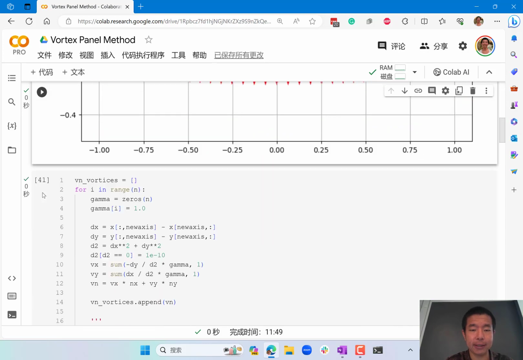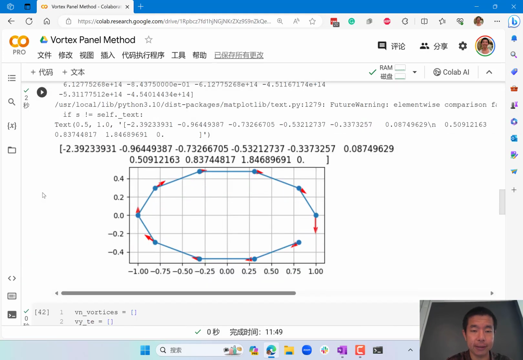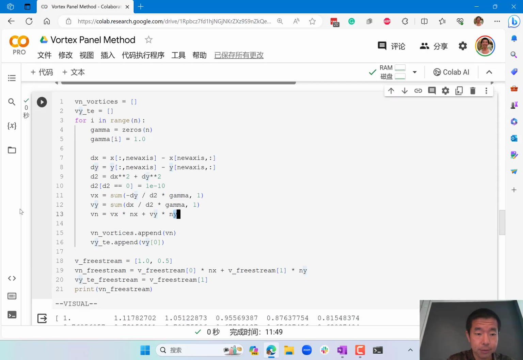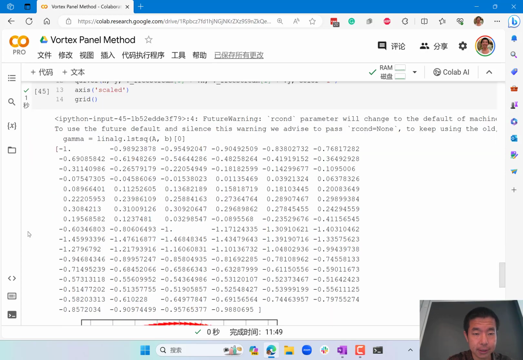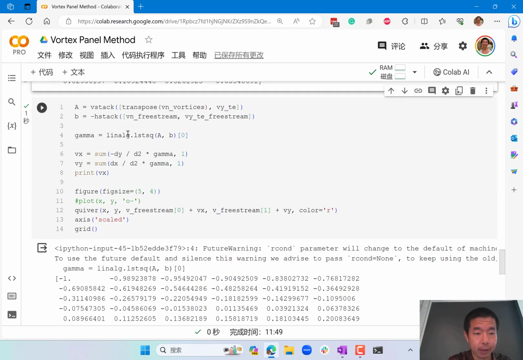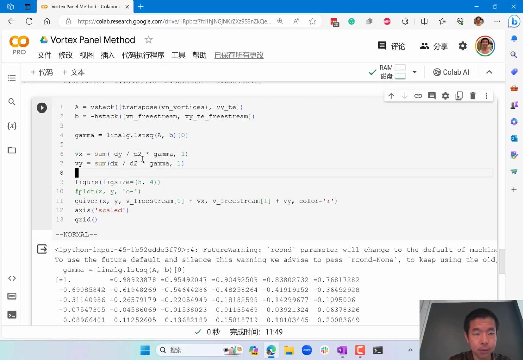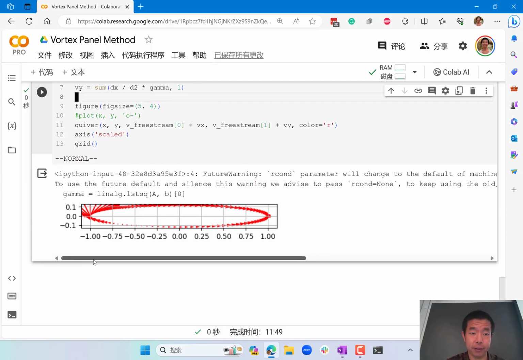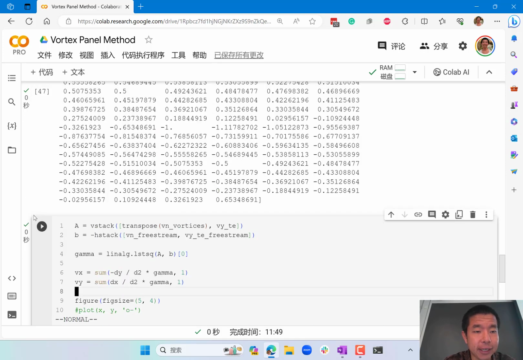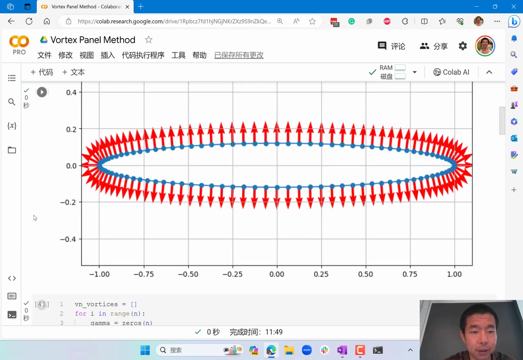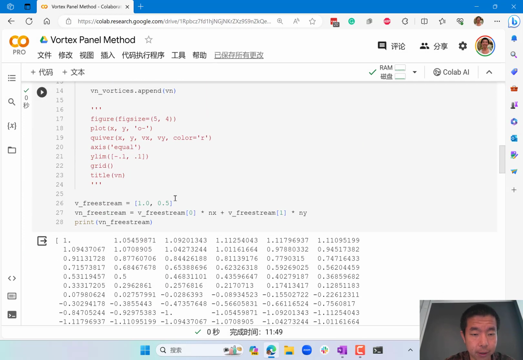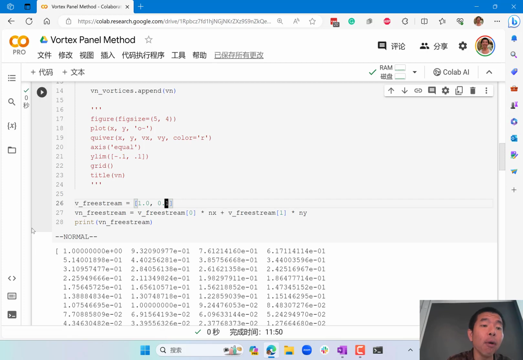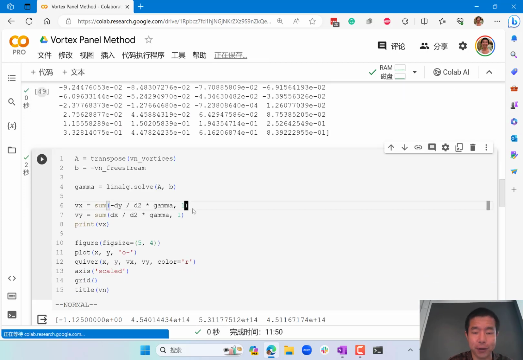Okay, so something a little bit thinner than what we had, and let's regenerate the matrix, and let's not print this anymore, and visualize the velocity field. The angle of attack might be too large. Let me also reduce the free stream from 0.5 to 0.1.